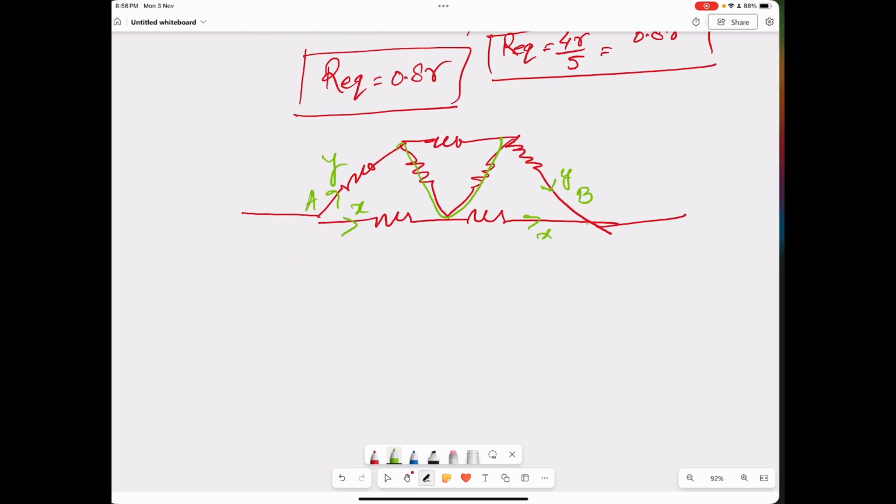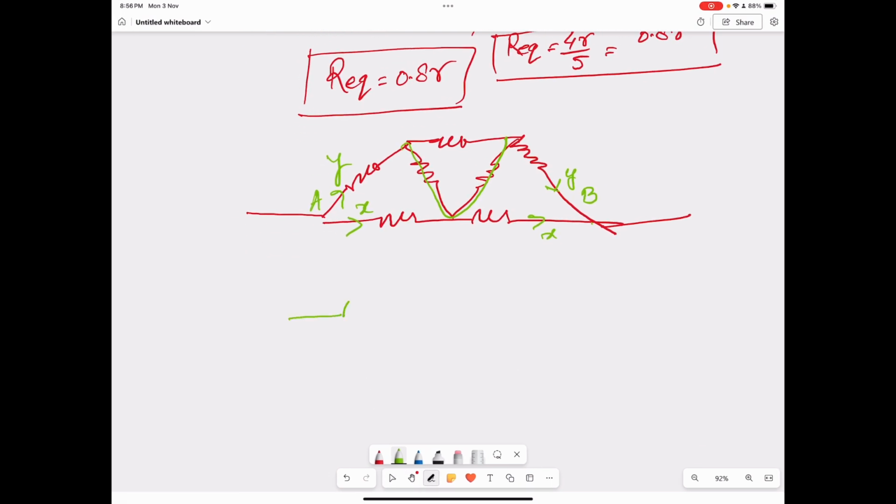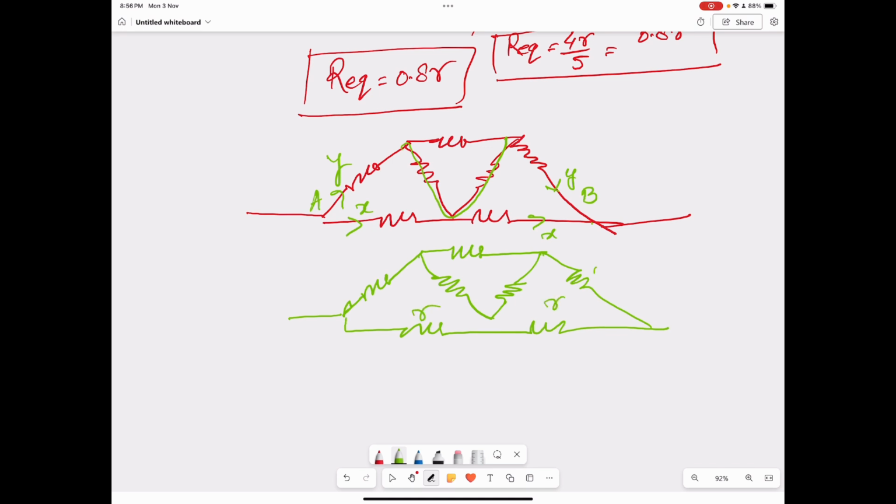So we can always simplify this, because you have done the problem earlier. This one has no connection with it. So this is R, this is R, this is R, this is R, this is R. Because current is flowing through it, we can always detach them.